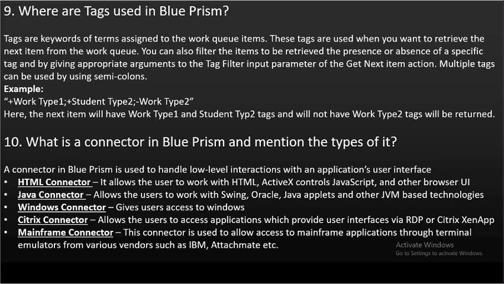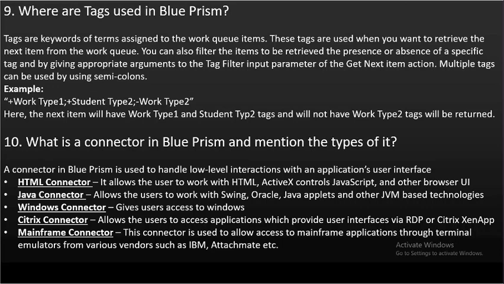Multiple tags can be used by using semicolons. Example: work type 1, student type 2, minus work type 2. Here the next item returned will have work type 1 and student type 2 tags, and will not have the work type 2 tag.